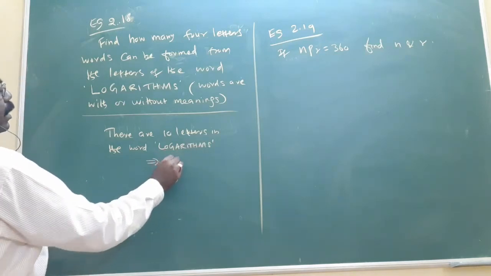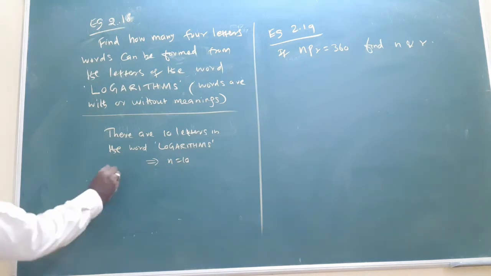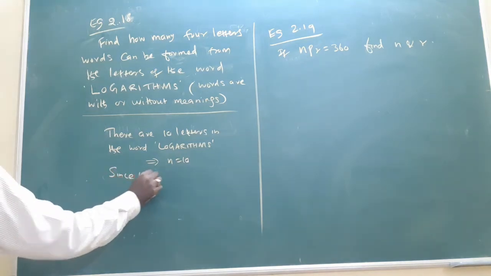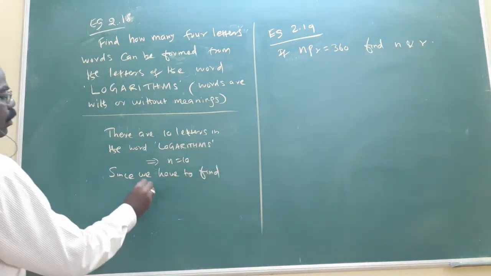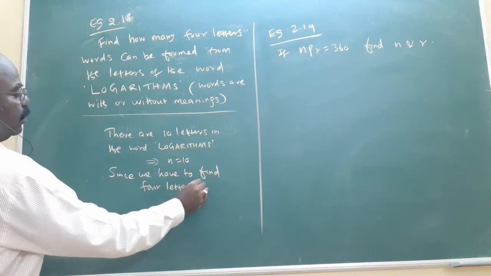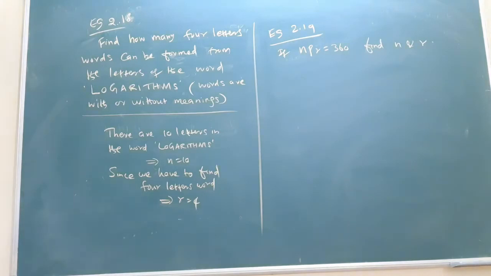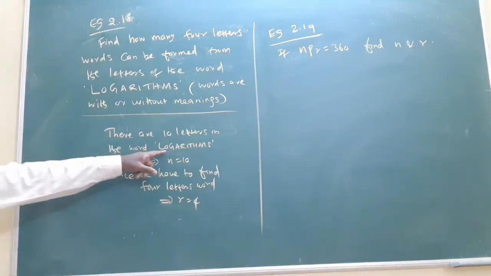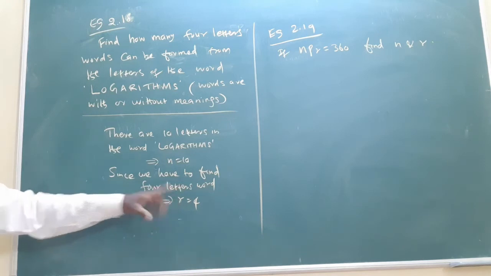Therefore n equals 10. In this way, you want to guess. Now, what is asked? 4-letter words, since we have to find 4-letter words. Am I correct? That means r equals 4. From LOGARITHMS n equals 10, and since we have to find 4-letter words, r equals 4.